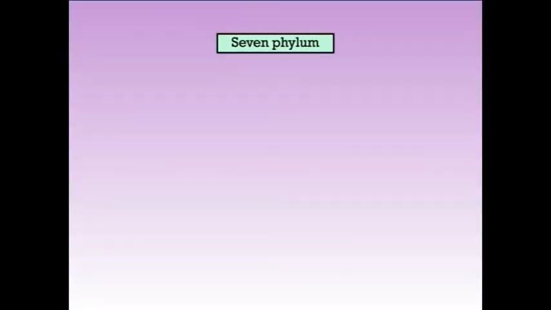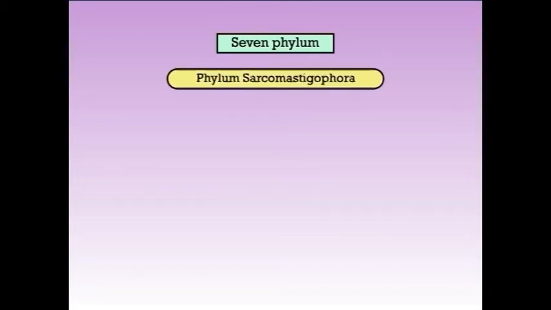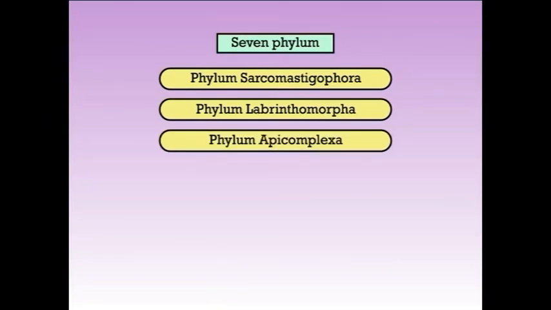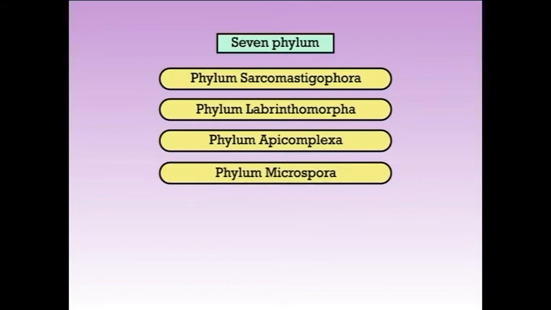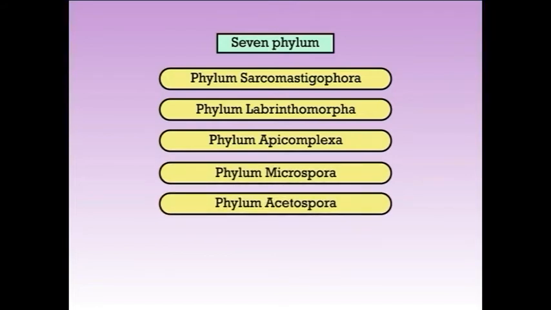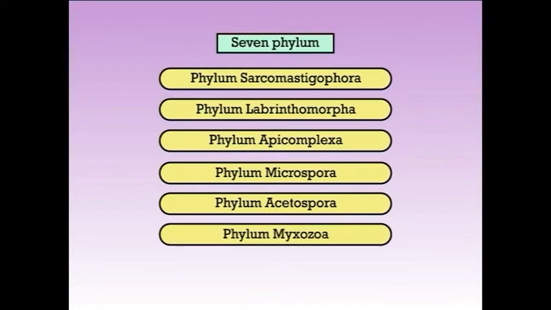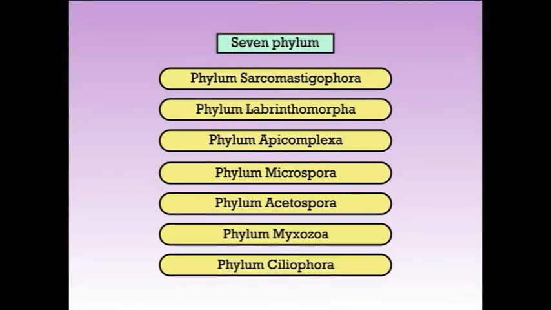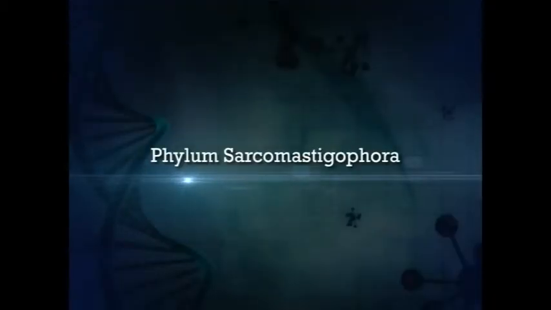The 7 phyla include phylum Sarcomastigophora, phylum Labyrinthomorpha, phylum Apicomplexa, phylum Microspora, phylum Ascetospora, next is phylum Myxozoa, and finally phylum Ciliophora. Now we'll see the phylum Sarcomastigophora.